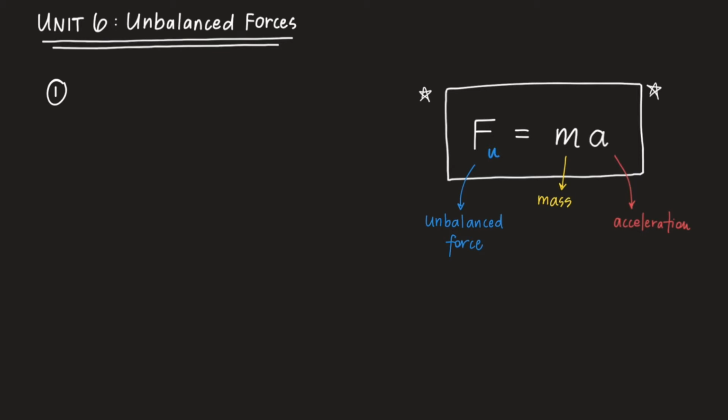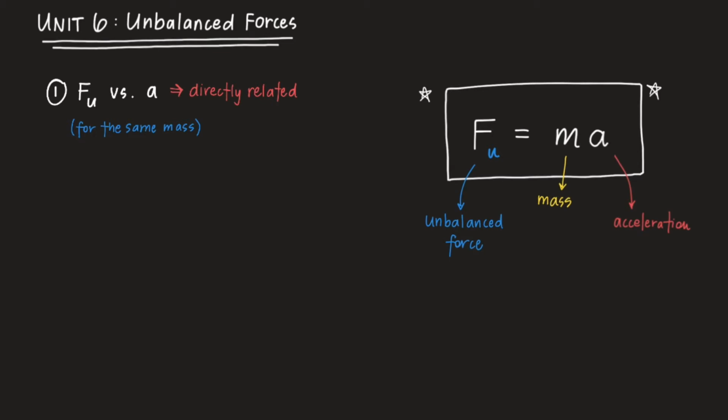So the first relationship is the relationship between the unbalanced force and the acceleration. So Newton's second law tells us that they're directly related, but it's been a while since we've talked about relationships. So what we're assuming here is that we're talking about the same mass, the same object. So when we change the unbalanced force, we know it's directly related to the acceleration, but what does that mean? Well, you might remember from the very beginning of the year, we talked about positive linear and negative linear relationships.